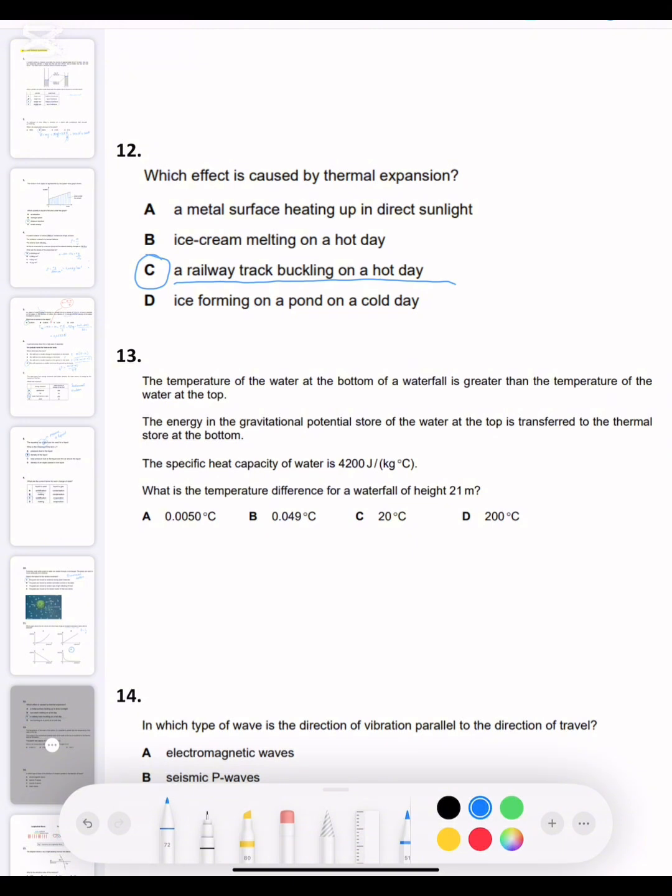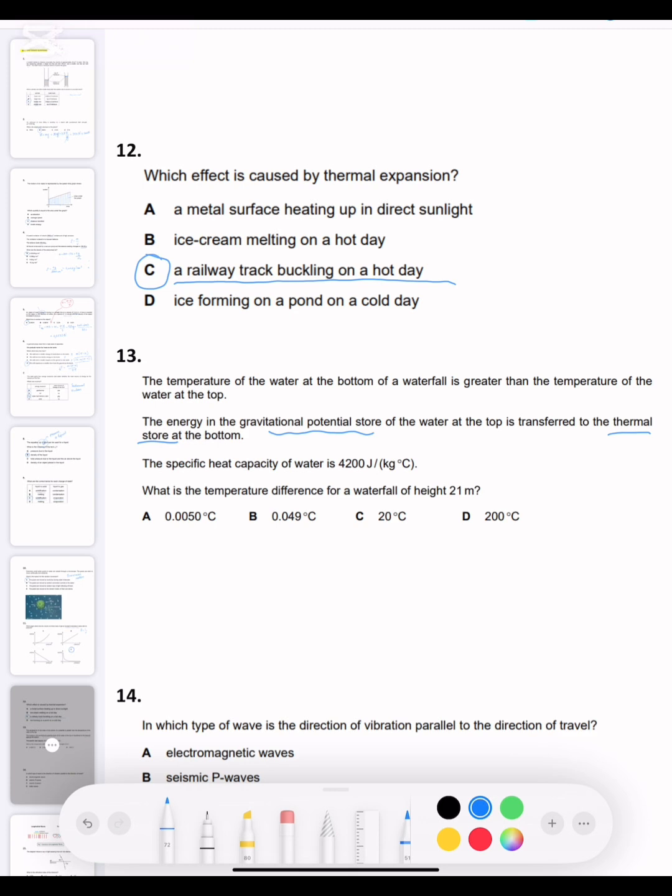What is the temperature difference for a waterfall of height 21 meters? To calculate the temperature difference of water as it falls, we can use the principle of energy conservation. It is given that the gravitational potential energy lost by the water as it falls is transferred to the thermal energy of the water.